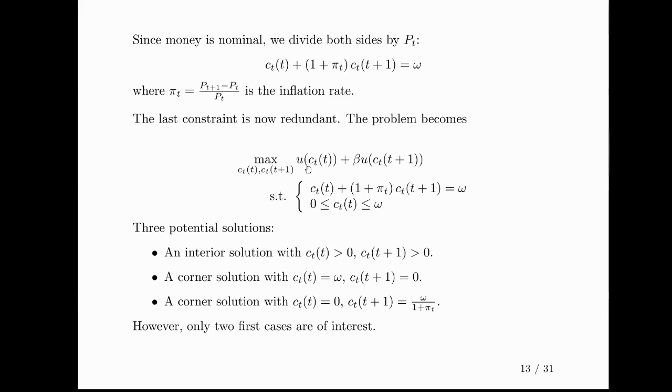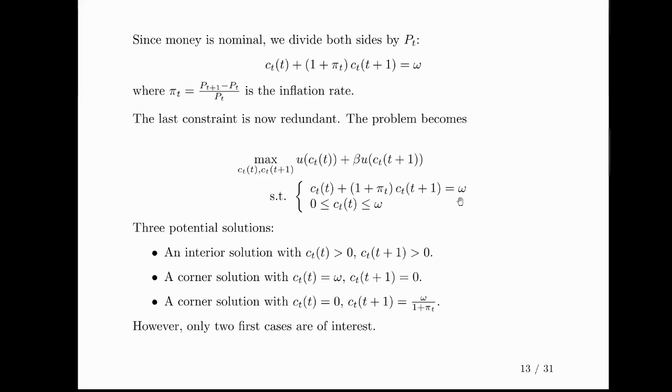Here we would have U of good one, U of good two. Now we have U of C_T, U of C_T plus one. And the budget constraint is simply this. First of all, this is the entire income I have in my life, omega, and I can spend it between periods.